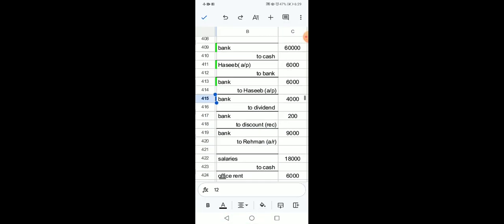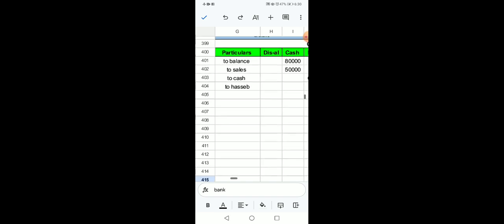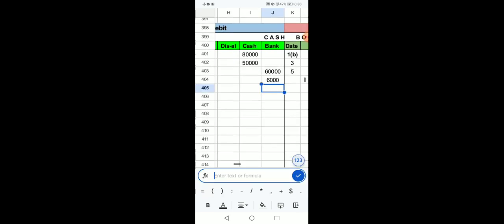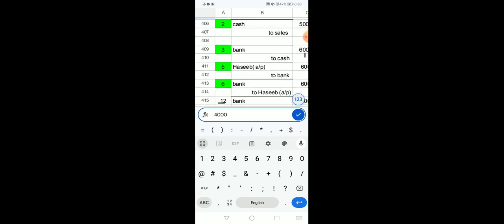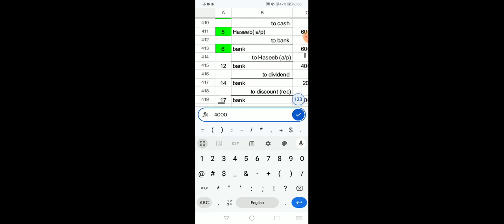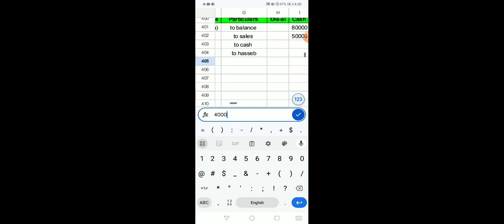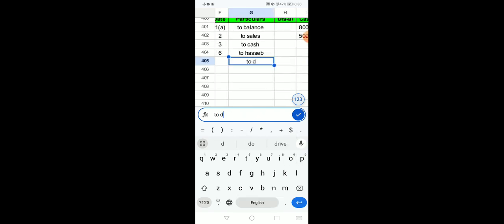Next entry is 12, where there are two elements, but only one element is associated with cash book, which is bank. Bank is debited 4,000. So you will go to the debit side of the bank and will write 4,000 over here. Now see 4,000's reference, that is dividend. So you will write dividend over here.